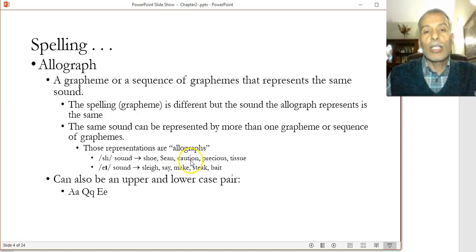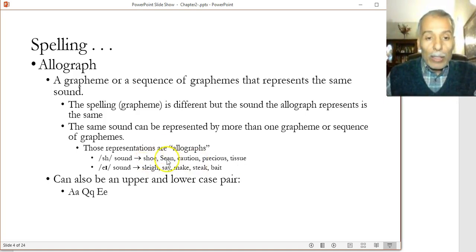You can make it with a tion, as in caution. You can make it with a cious, which is sh, as in precious. And you can do it if you combine ssu in certain contexts. So tissue.